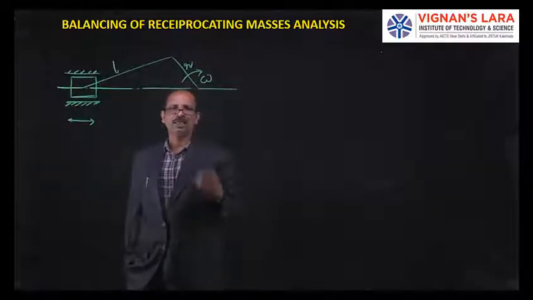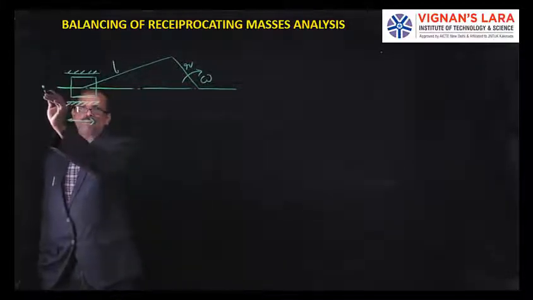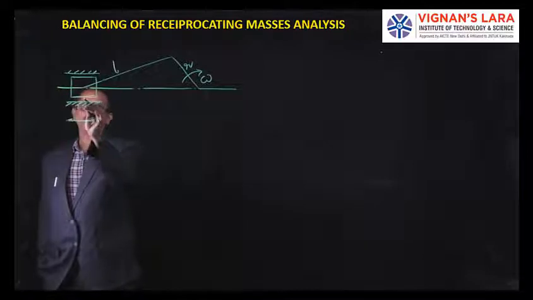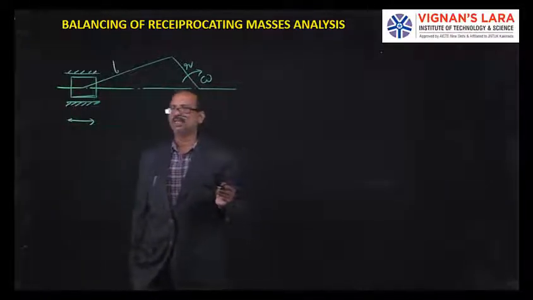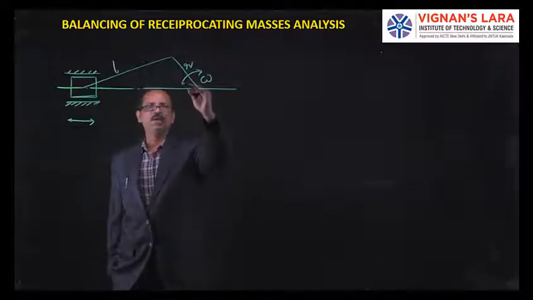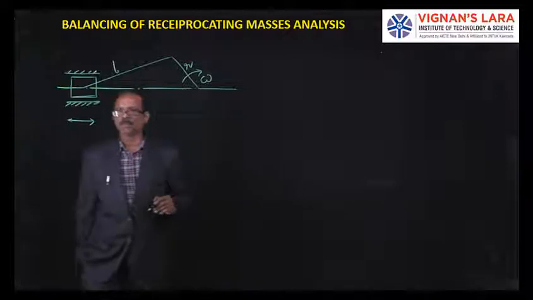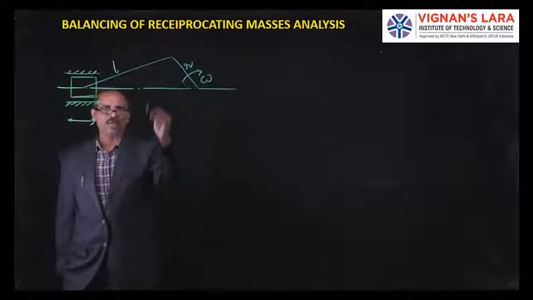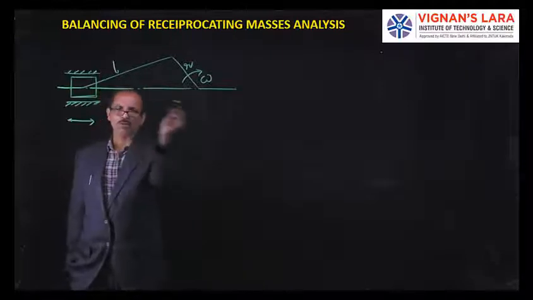I am explaining the reverse process: actually the piston is subjected to forces and causes the angular velocity, but I am taking it the reverse way. The crank is rotated, and when I rotate the crank, it causes the movement of the connecting rod and the piston.